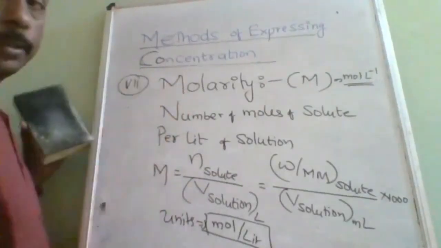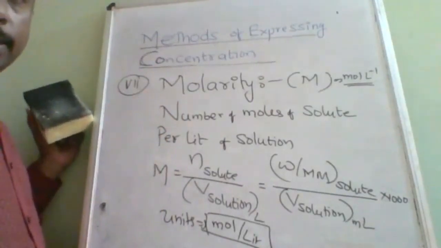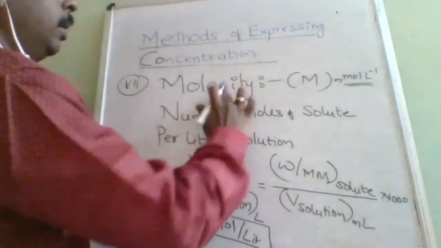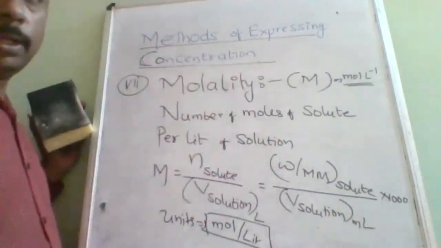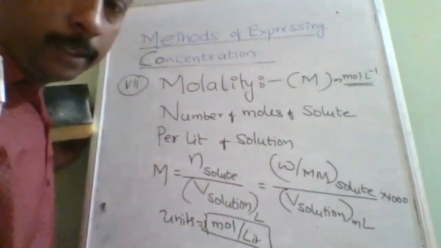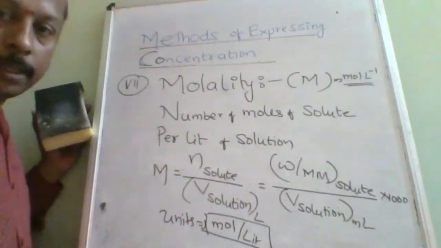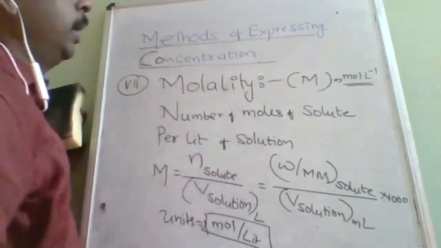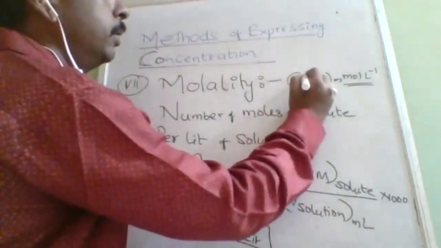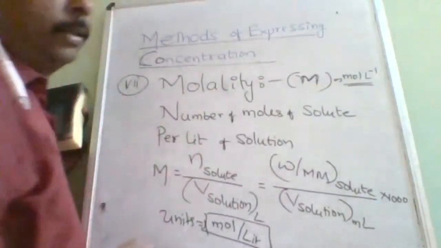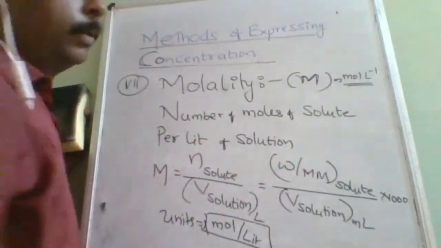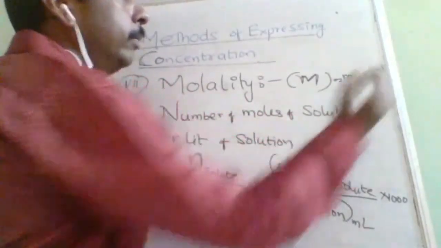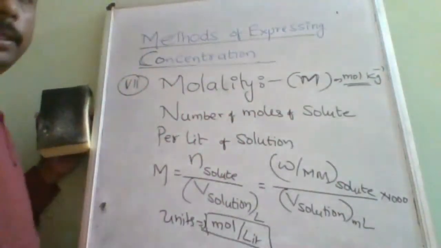Next we are going to start with the next definition. Molality. See, only one word changed. Molality is denoted with small m, and its units are going to be mole kg inverse.